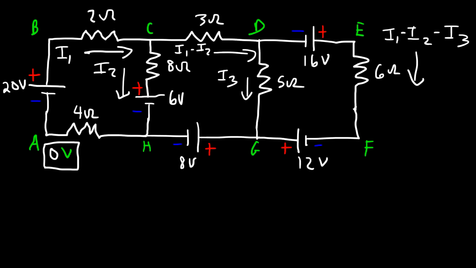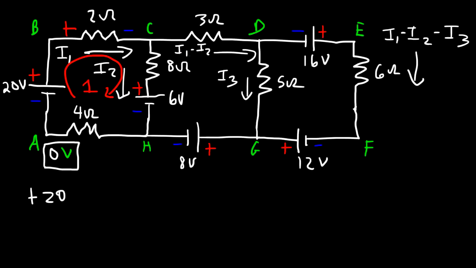So let's start with the first loop. We'll call that loop 1. So as we go in this direction, we have a voltage lift of 20 volts. Now, based on the direction of the current, this is going to be positive, this is going to be negative.